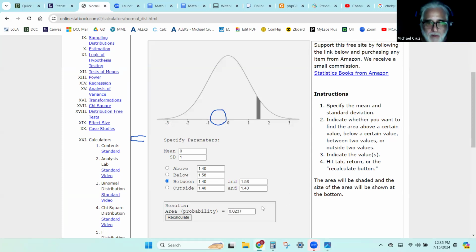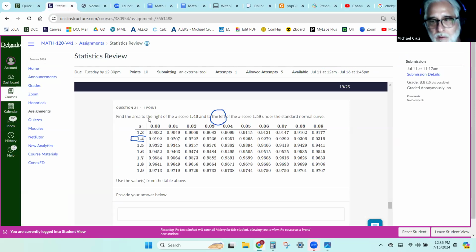All right, so they want to know what that area is. To the right of this value right there on that left side, that's the 1.4, and then the 1.58 is over here. So what we need to do is look up both, and then we're going to subtract. Let's do the 1.58 first, since that's the bigger one.